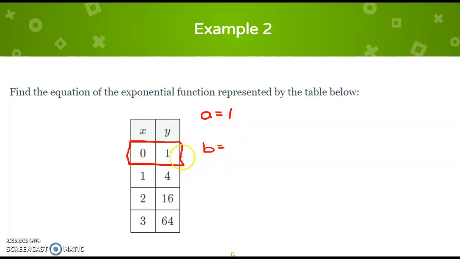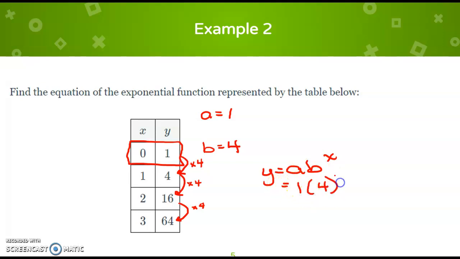My B is my ratio. How do I get from one y to the next? Well, here we're going to multiply by 4 every time. That's my B value. That's my growth rate. So my equation, y equals A times B to the x power, is y equals 1 times 4 to the x power.